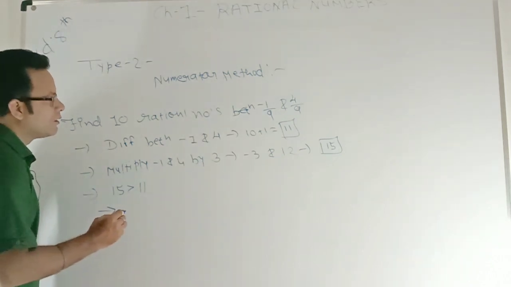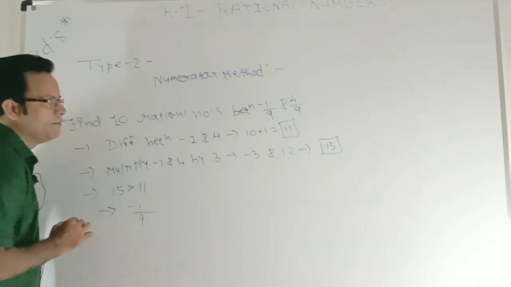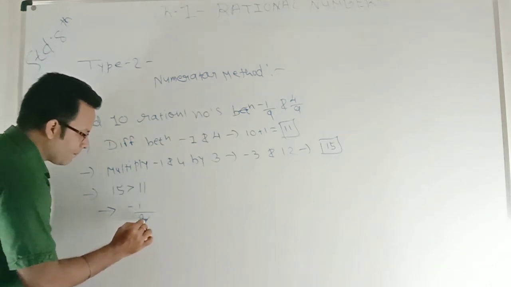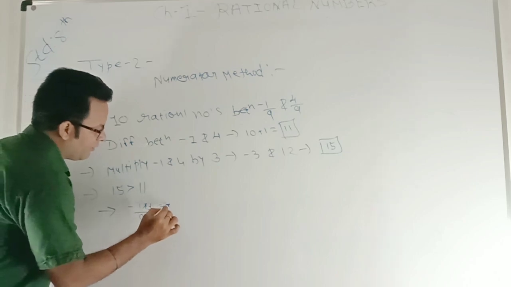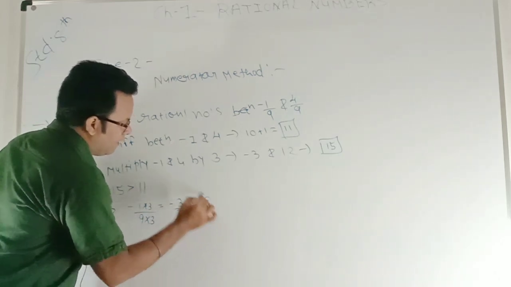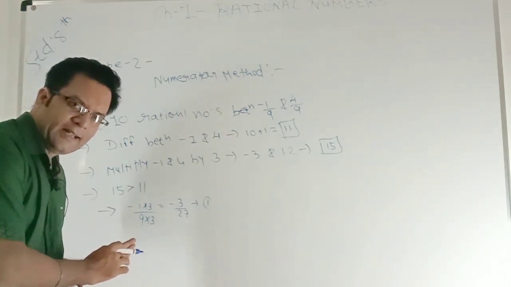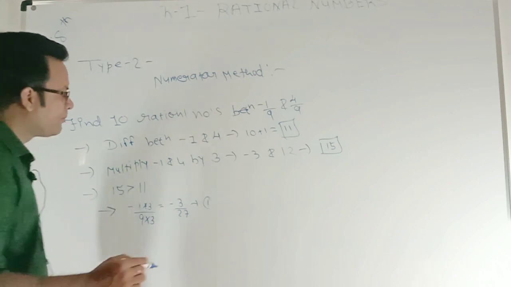So let's do it. First one, -1/9. You have to multiply with 3. So it will be -3/27. Fraction number 1. You can say this fraction, you can say this rational, does not matter, okay?